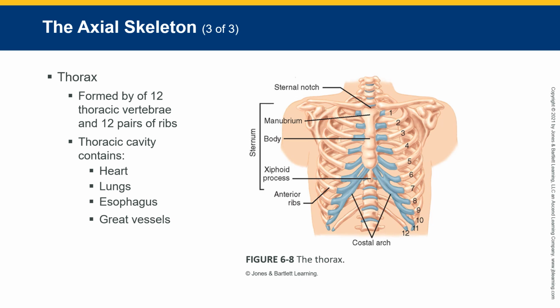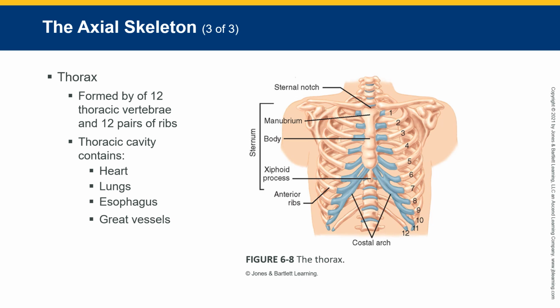Your xiphoid process is the bottom of your sternum. When you do CPR, you do not do it on the xiphoid process. Do it in the middle of the sternum. The thoracic cavity contains your heart, lungs, esophagus, and your great vessels.